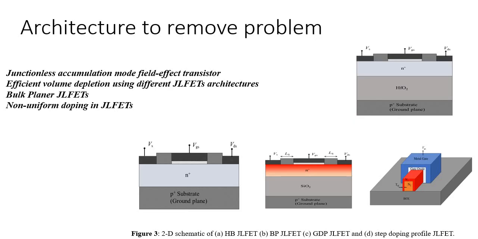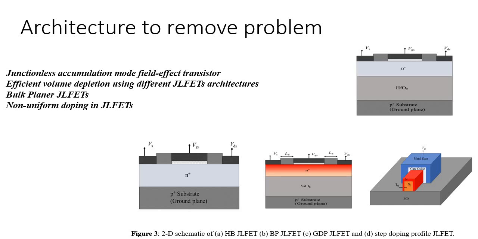Now, in the literature, various architectures have been proposed. First of all, the junctionless accumulation mode field effect transistor, efficient volume depletion using junctionless field effect transistors, bulk planar junctionless FETs, and non-uniform doping in junctionless FETs.